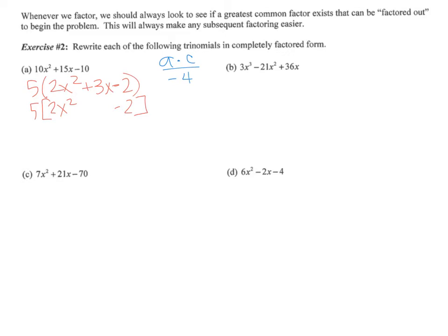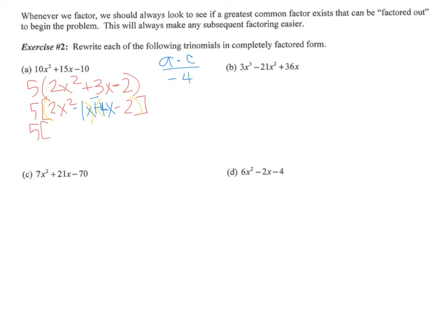Multiplies to equal negative 4, adds to equal 3. Well, that's a negative 1x and a positive 4x. Now we can make our 2 binomials. So we have our 5.